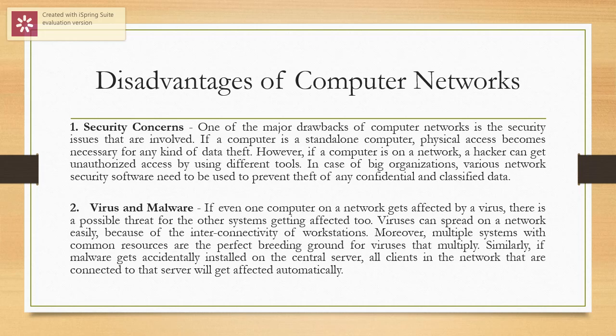Moreover, multiple systems with common resources are the perfect breeding ground for viruses that multiply. Similarly, if malware gets accidentally installed on the central server, all clients in the network that are connected to that server will get infected automatically.